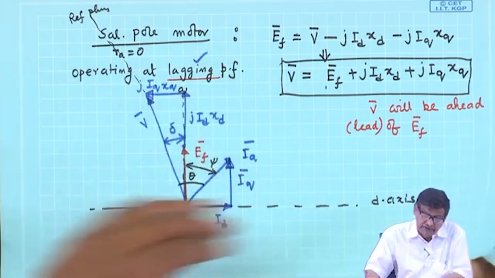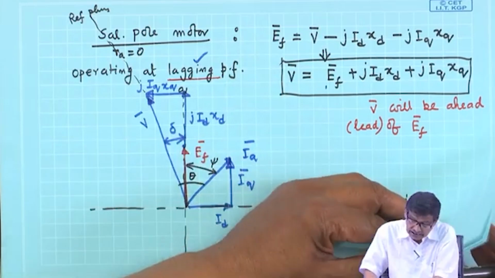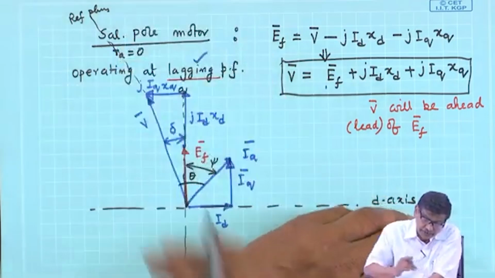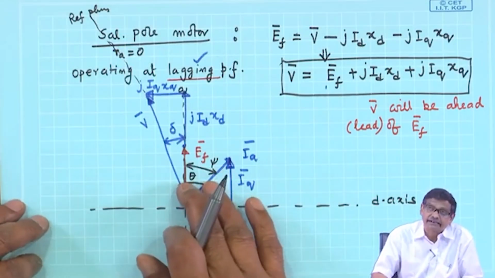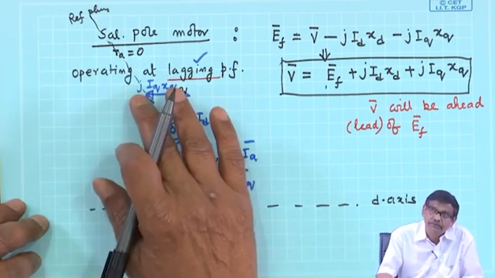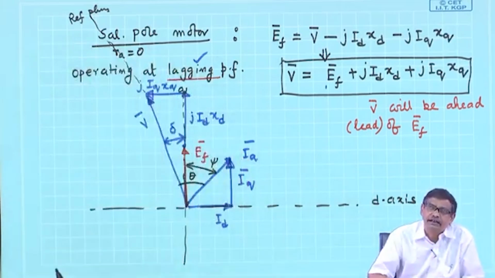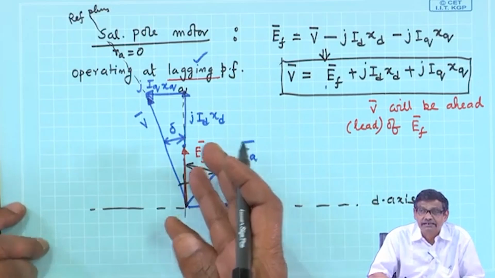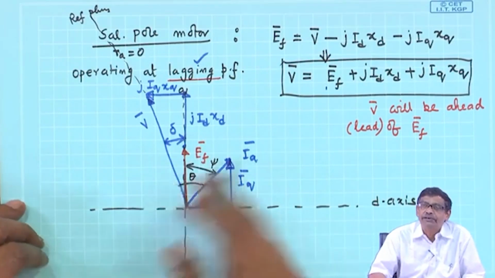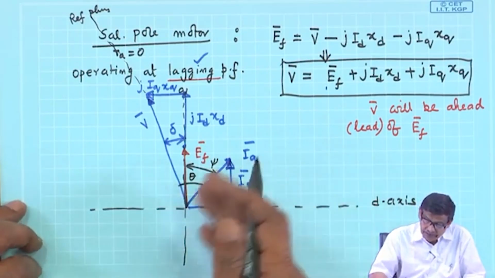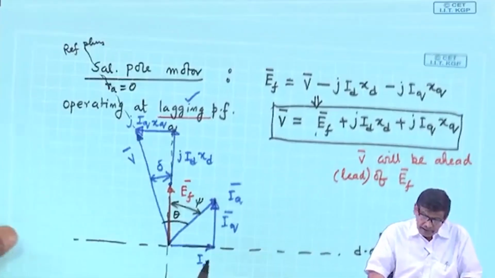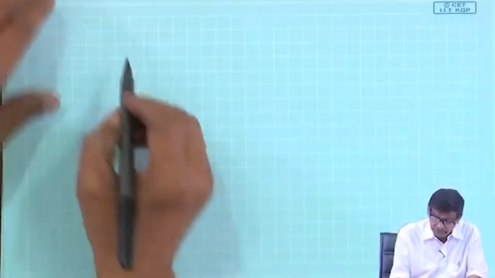Achha, let me draw the phasor diagram for the salient pole machine, and you see the lagging power factor salient pole machine is under excited, because the length of V, which decides the resultant field, is much higher than the excitation field, which is given by the length of EF, we have seen. Achha, now let us try to draw.